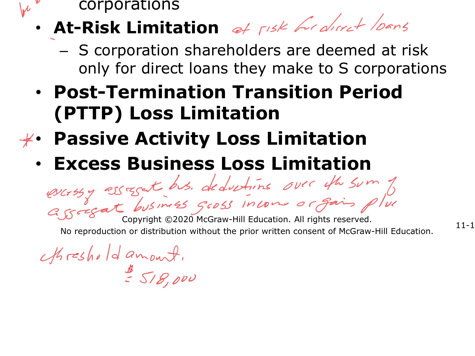What that means is if you have aggregate business deductions that are larger than $518,000 plus all of your gross income or gain, then you are going to be limited. You're not going to be able to deduct that excess amount of business loss.